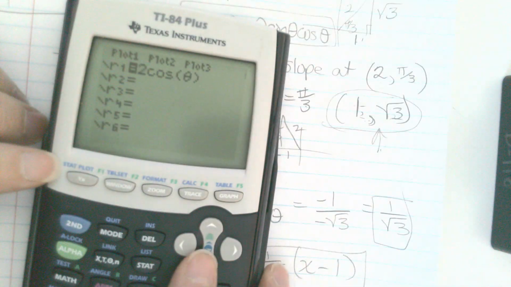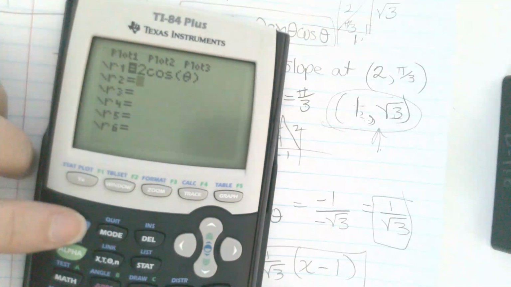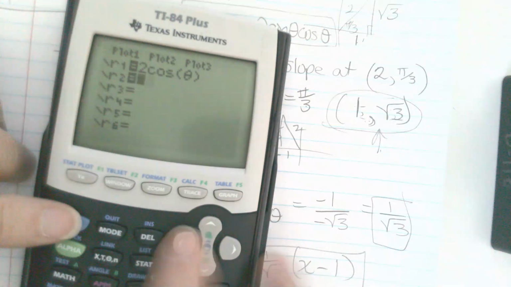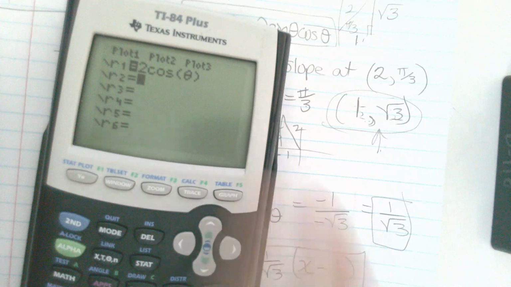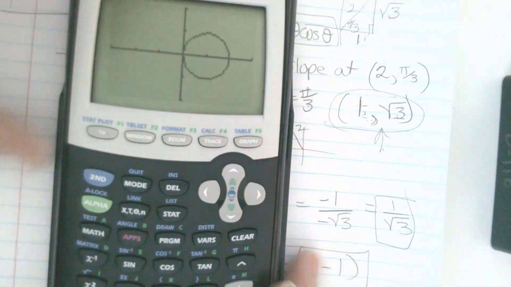In fact, I'm just going to go pi over 3. I can't do theta, can I? All right, but picture that circle right there.